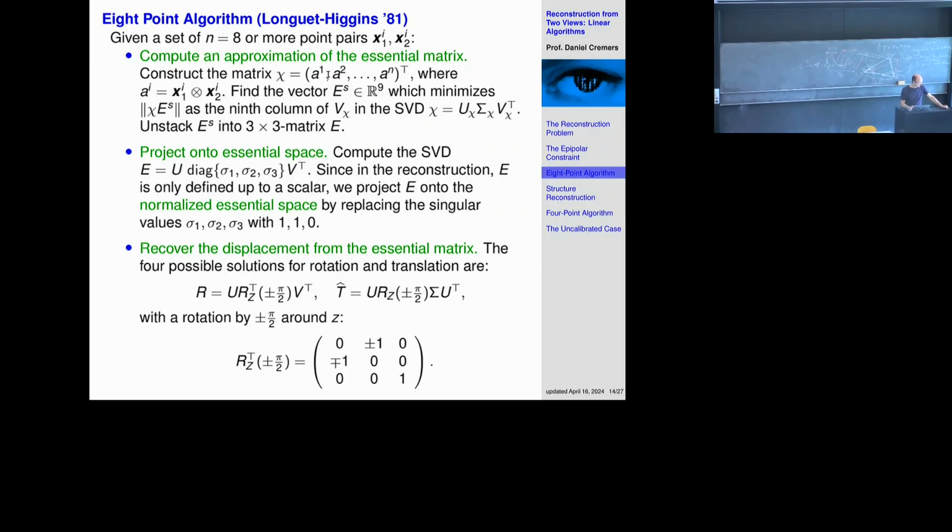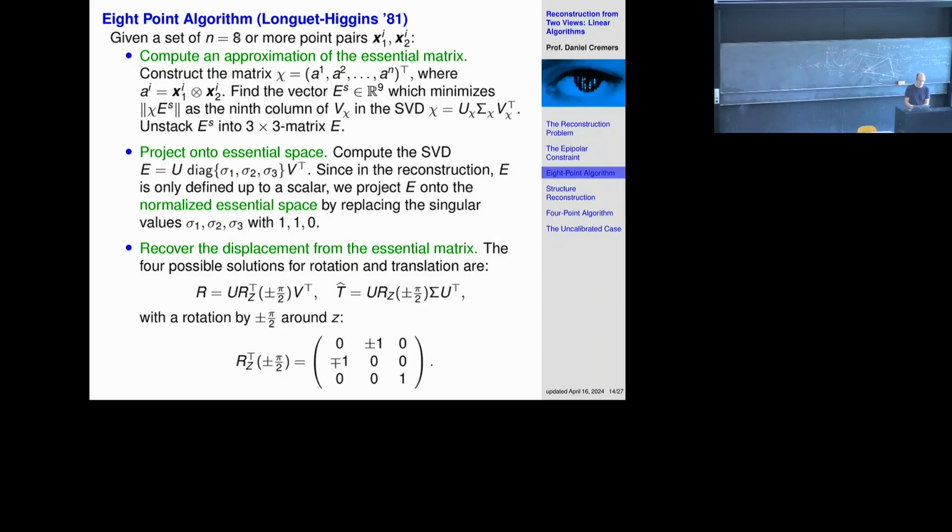ICCV and either ECCV or CVPR, I don't remember. They have this Longuet-Higgins Award for the best paper at the conference in memory of Longuet-Higgins, the inventor of the 8-point algorithm.